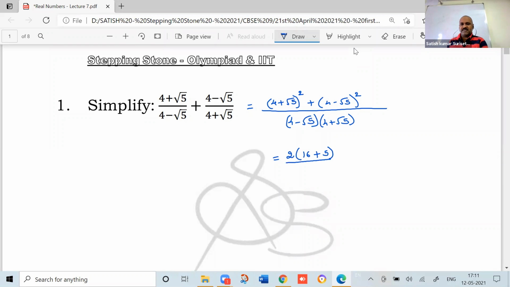The denominator is in the form (a minus b) into (a plus b), so a square minus b square, 16 minus 5. So 2 into (16 plus 5), 21, upon 16 minus 5, 11. So how much is it? 42 upon 11.